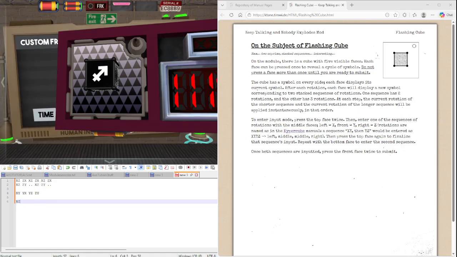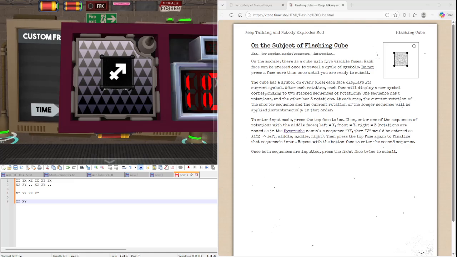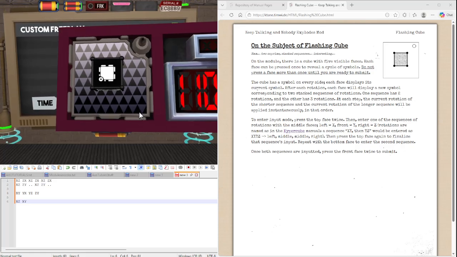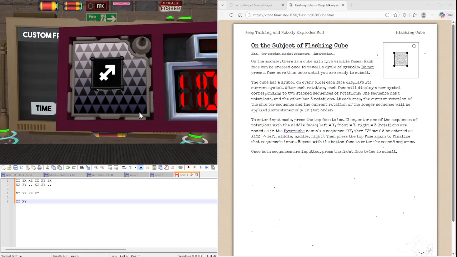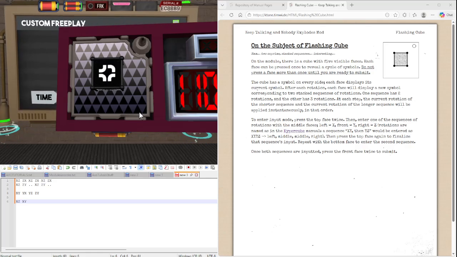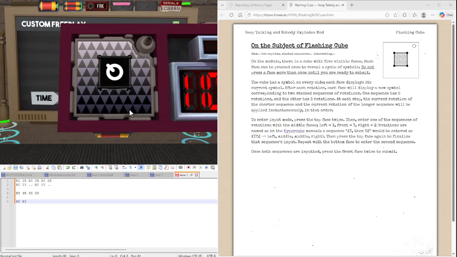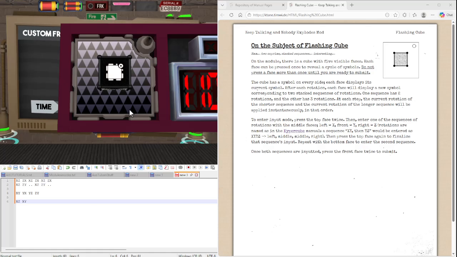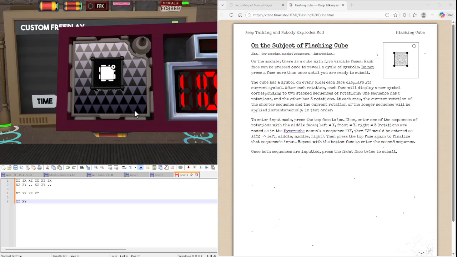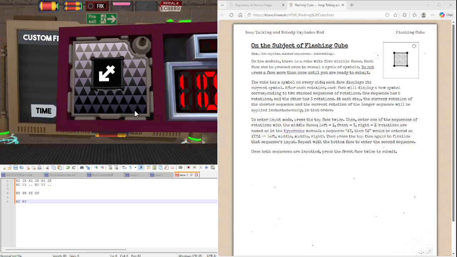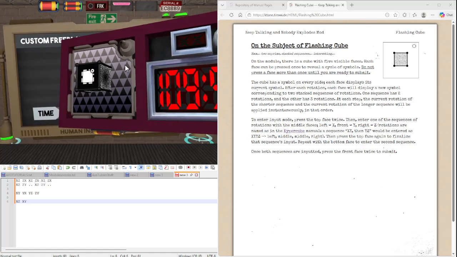So XZ, XY from the Y face would be, XZ would be counterclockwise, XY would be, so XY after going one counterclockwise, X is to the right, so we move onto this space once counterclockwise.